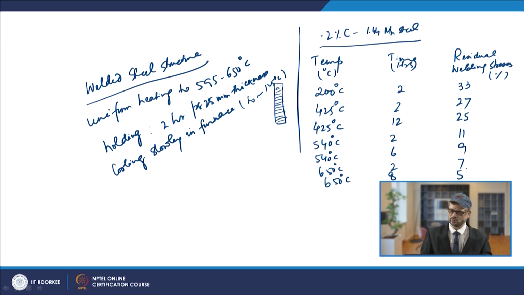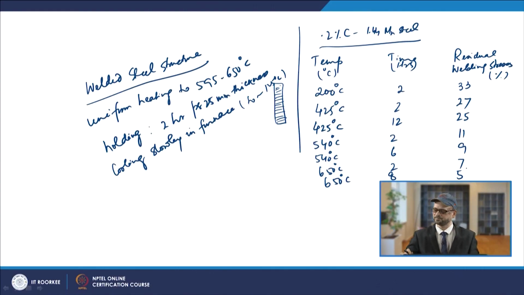That way the stress relief treatment can be given, and based on the timings you will have different values of residual welding stresses inside the material. Accordingly, you have to take different temperatures and different holding times, so that you can have the relief of the residual stresses.